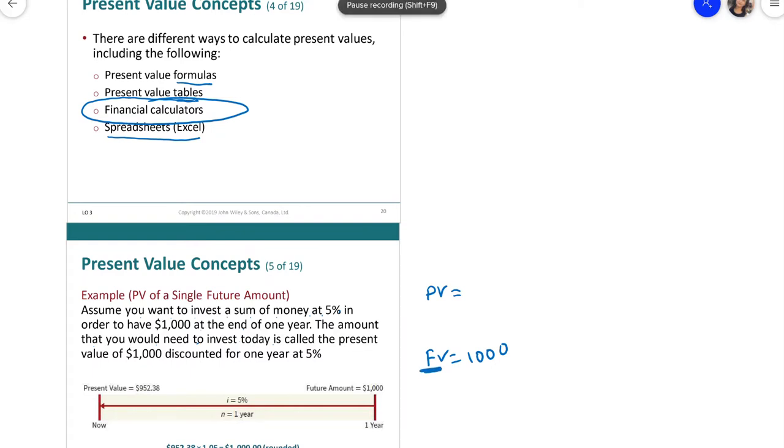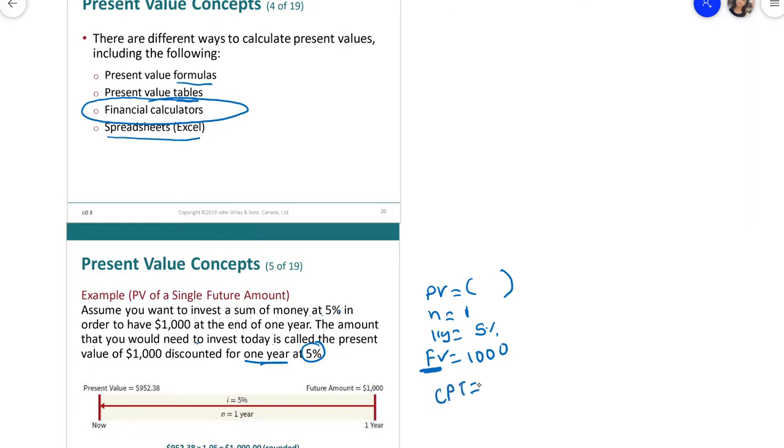That's what you want in the future, in 1 year from today, and the interest rate is 5%. So how much should we invest today in order to get $1,000 in 1 year from now at the interest rate of 5%?